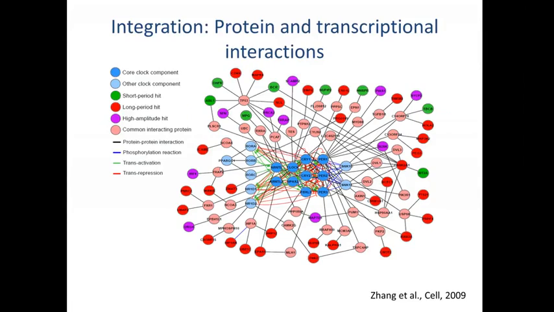I want to finish off by reiterating something I mentioned earlier, which is that although we focused on protein-protein interactions in this discussion, you can integrate many different types of interactions. In this particular network, which is work from our lab, we have integrated protein-protein interactions, depicted by black edges here, but also phosphorylation reactions, depicted in blue.